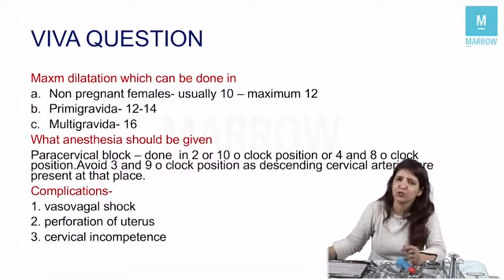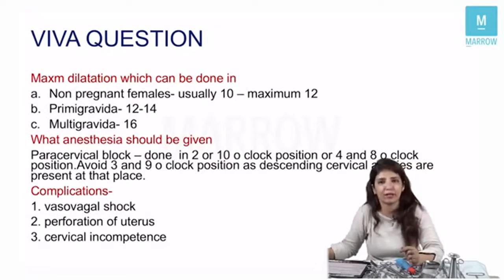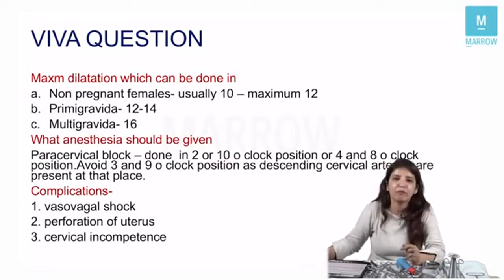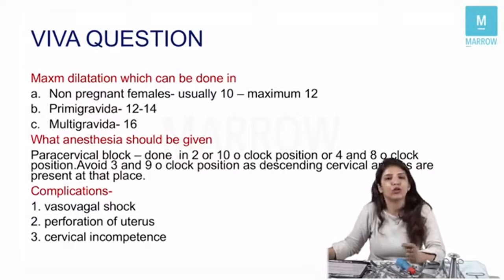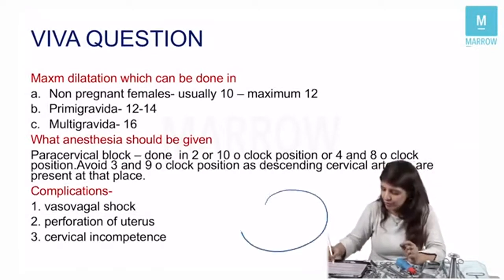Before you dilate, do you have to give any anesthesia? See, dilatation can be painful, so in order to prevent pain, you can give a paracervical block. Now, when you say paracervical block, the examiner is going to ask at what sites you give a paracervical block. So a paracervical block is given either at the 2 o'clock and 10 o'clock position, or at the 4 o'clock and 8 o'clock position, right?